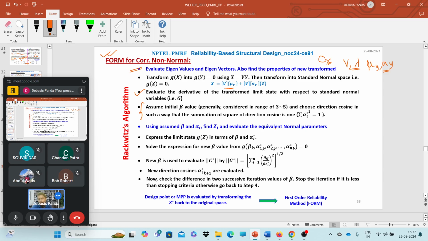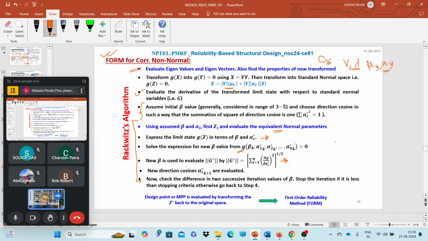If so, we first convert them into equivalent normal parameters. Once the conversion is done, we can express the limit state in terms of beta and alpha. Putting in the initial beta and alpha, we solve for the first beta. Then we put the values in again to get the direction cosines, and using those, get the new beta. The iteration continues until we get convergence.